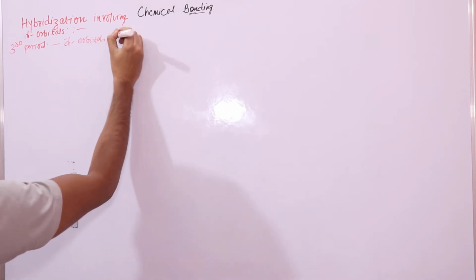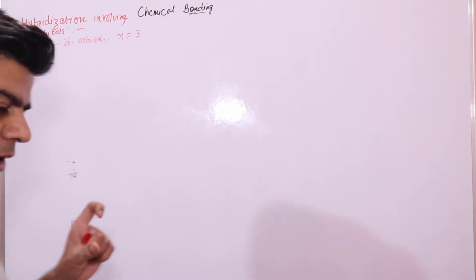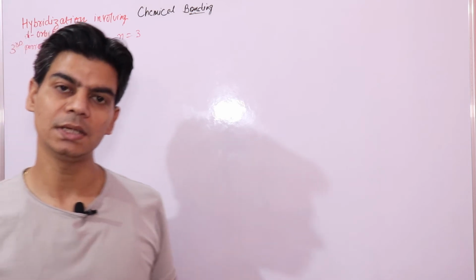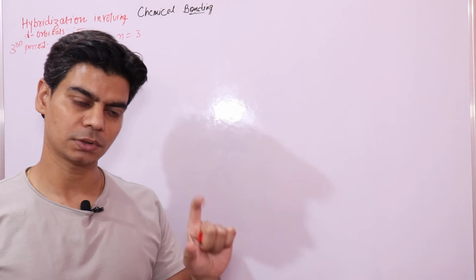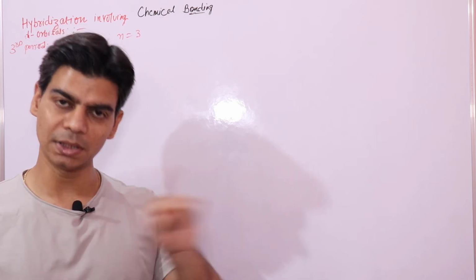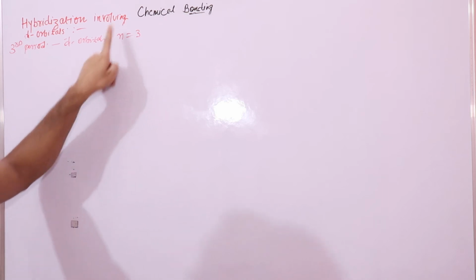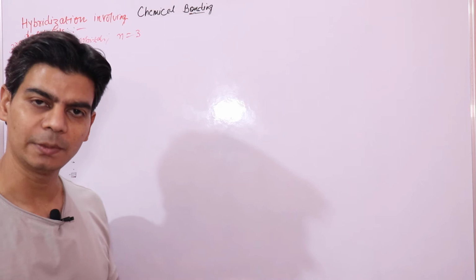Why? n is equal to 3 for period 3, because all the elements of period 3 will have 3 shells. For the maximum, the third shell, n is equal to 3. We would be dealing only with outer shell electronic configurations in hybridization.